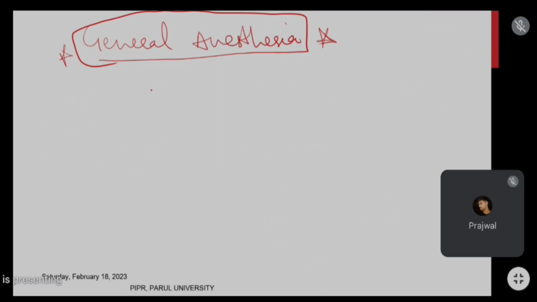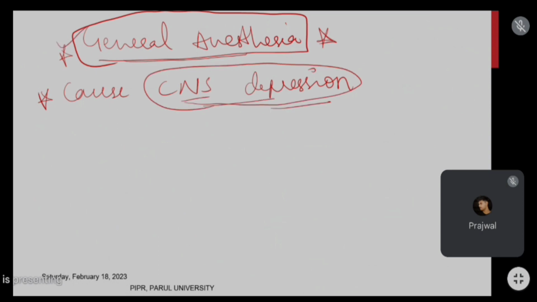Now you see, first very important point. General anesthetic agents are those agents which will simply cause CNS depression. Can we call general anesthetics CNS depressants?